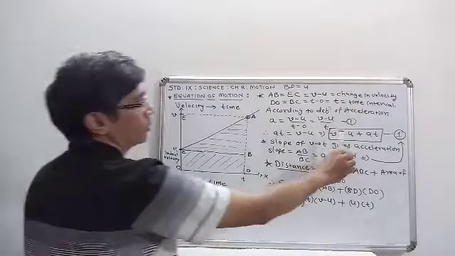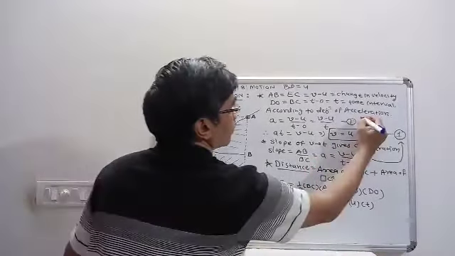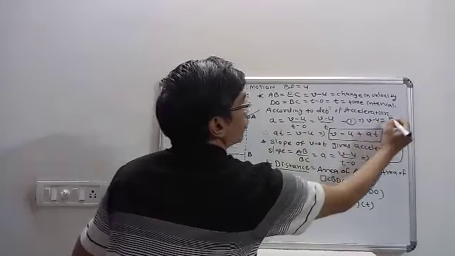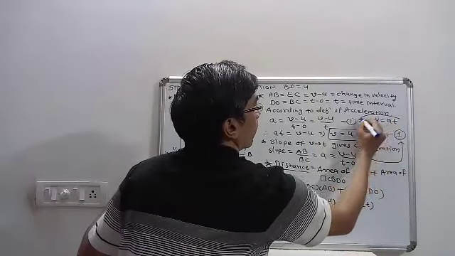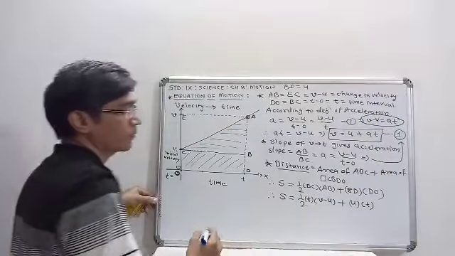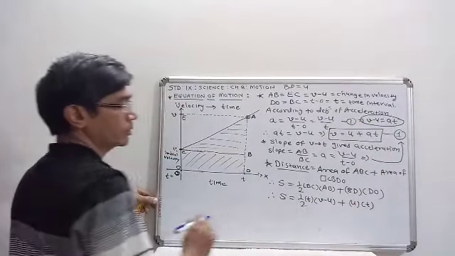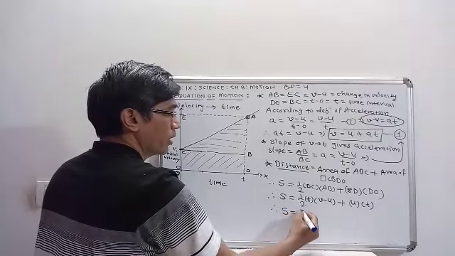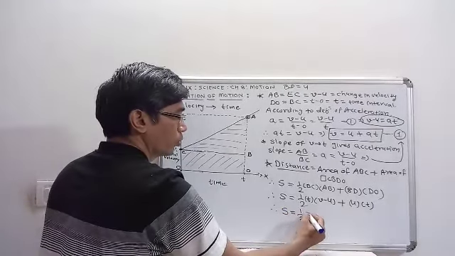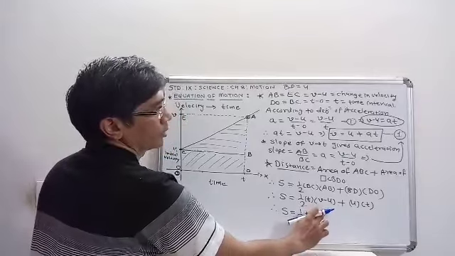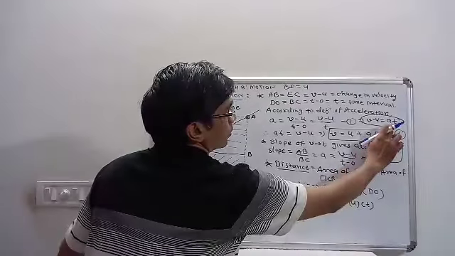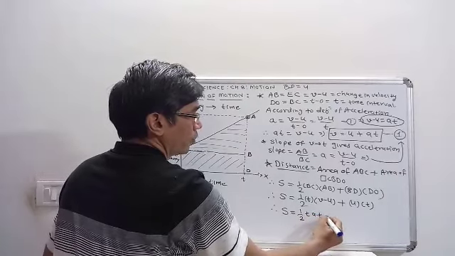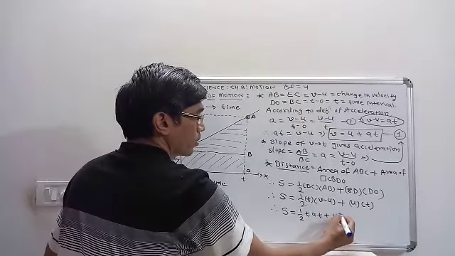Now from equation 1, v minus u is equal to at. We use this in the equation of S. So S is equal to 1 upon 2 t, and instead of v minus u, we write a into t, plus ut.